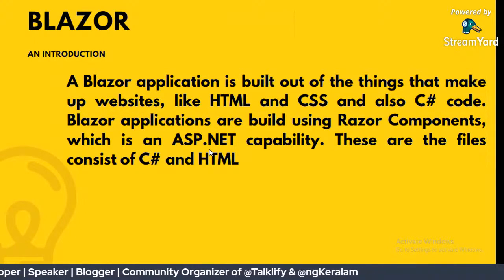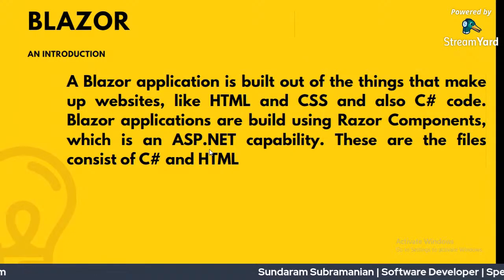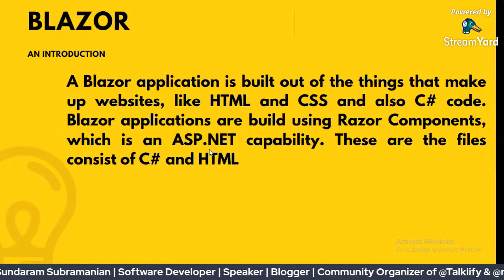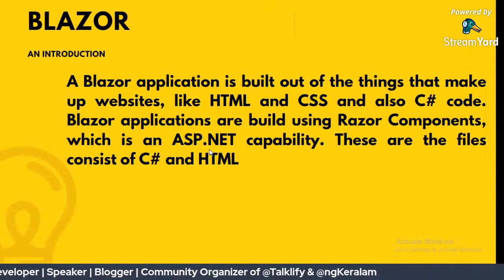Okay, so a Blazor application is built out of the things that make up websites, like HTML and CSS, and also C# code. It doesn't mean that only with C# code we can build Blazor. Not exactly. We can also use HTML and also apply CSS as well.